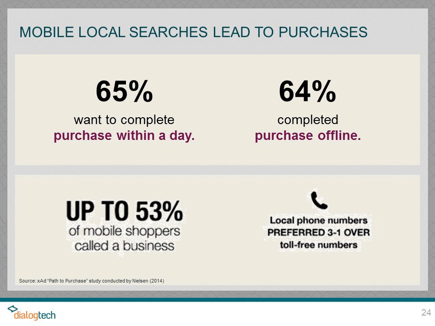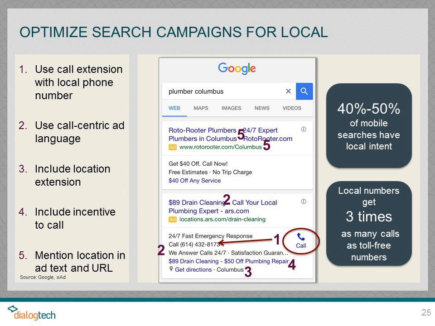As you're optimizing your campaigns for local search, for mobile, you should use local phone numbers. They're preferred 3-to-1 over toll-free numbers, and we'll show you a little bit about that on the next slide. Here's an example of a local search I ran the other day for a plumber in Columbus. 40 to 50% of all mobile searches have local intent.